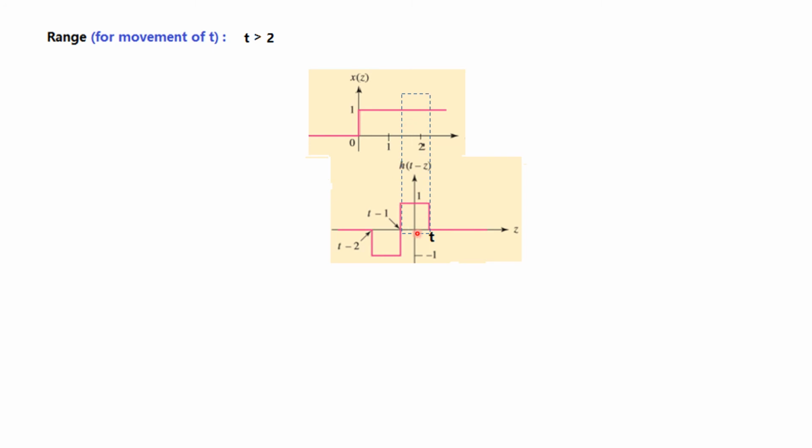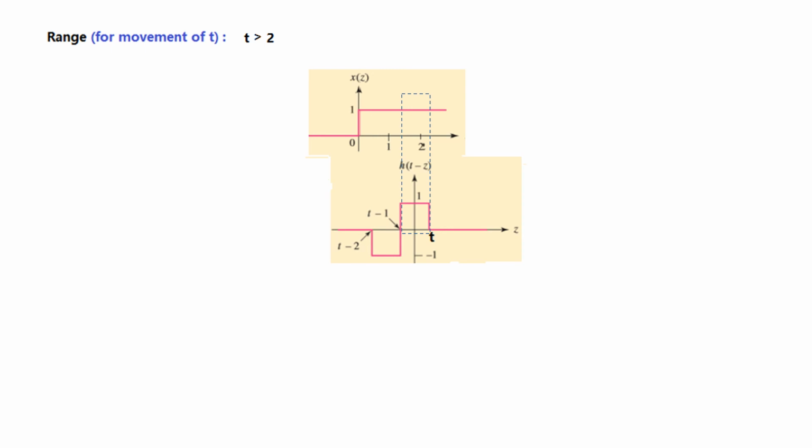this is interacting. We know the starting point, not clear from here, but it is clear from here that the starting point is t minus 1. The ending point we don't know from here, but we know from here, so the ending point is t. So this is for the positive portion.